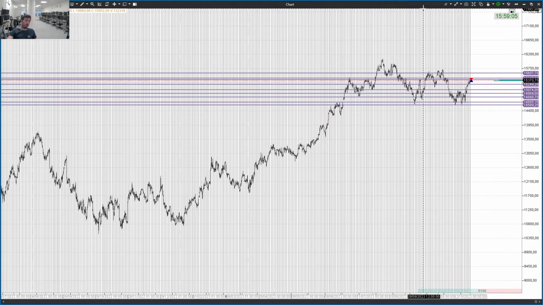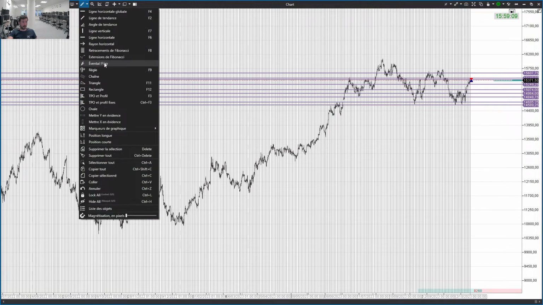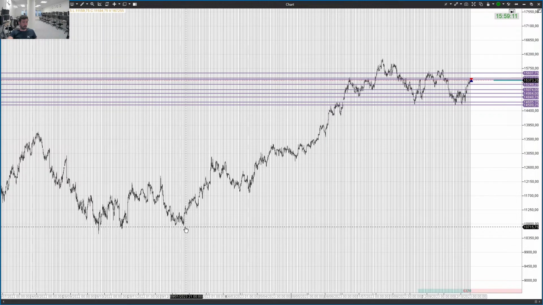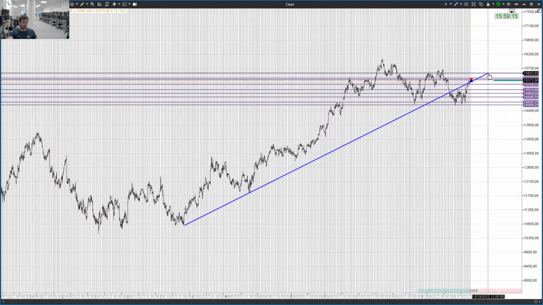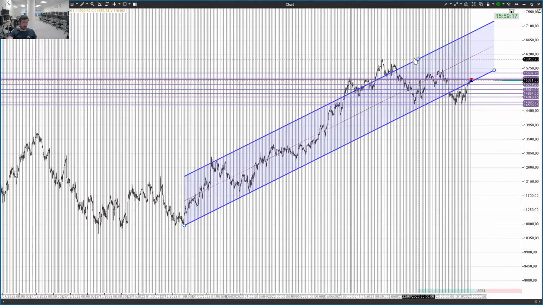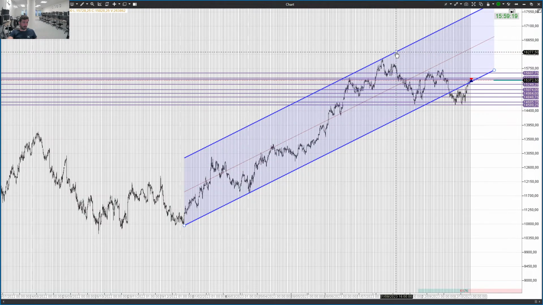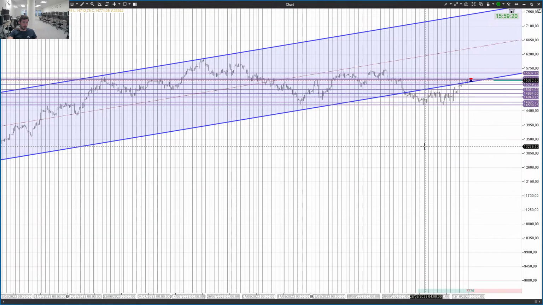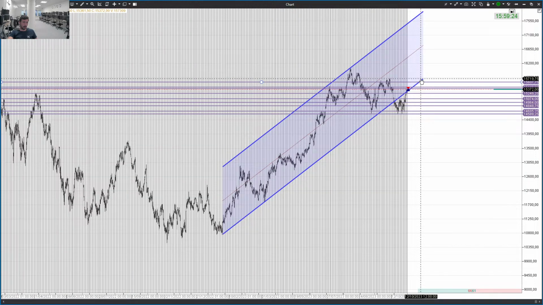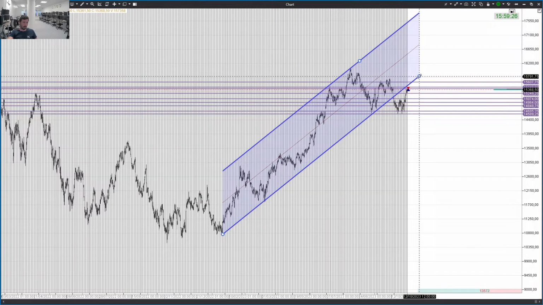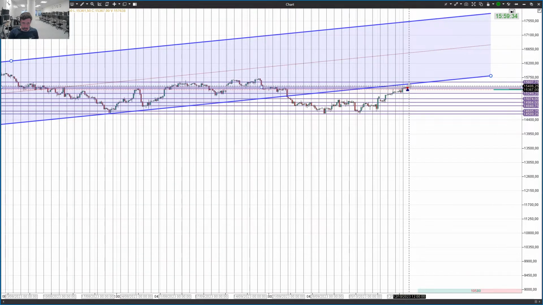And if you look at some technical analysis, we are getting closer to a pretty important level, because if you look here on the upward channel that we've been following for the whole year, we can see that we are getting closer to the bottom of the channel. It's not my most beautiful channel, but 550.